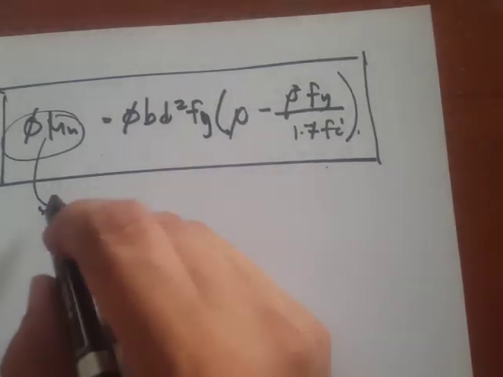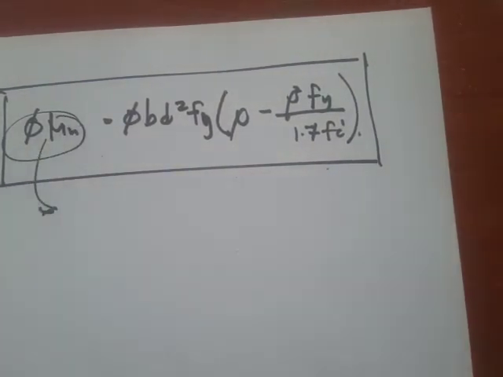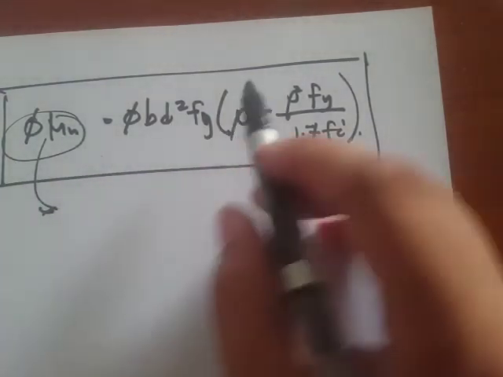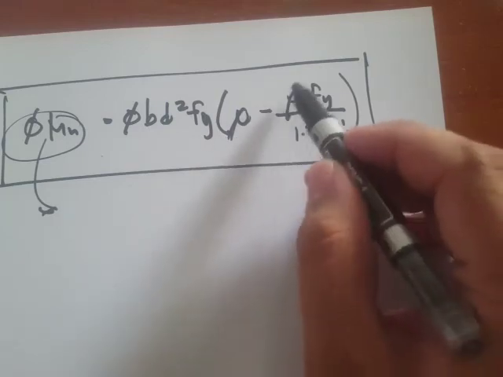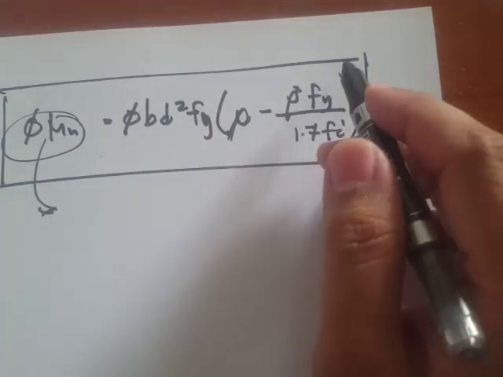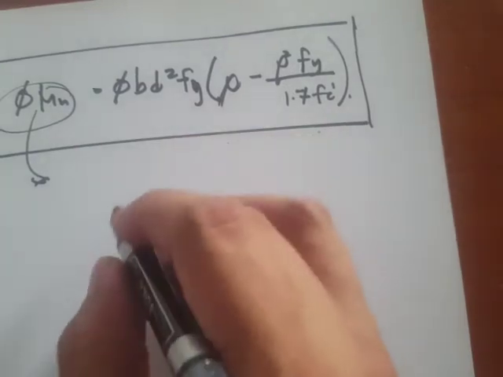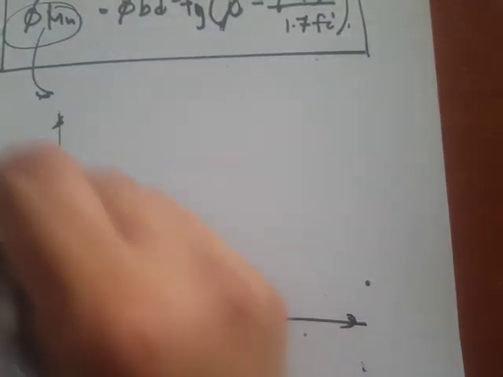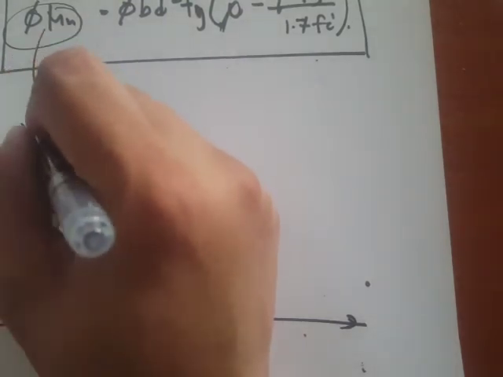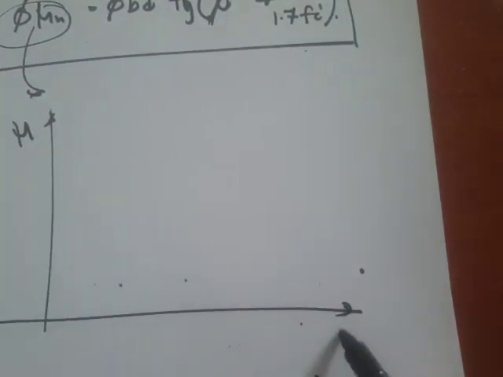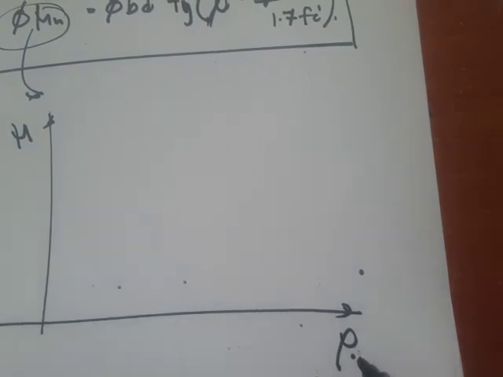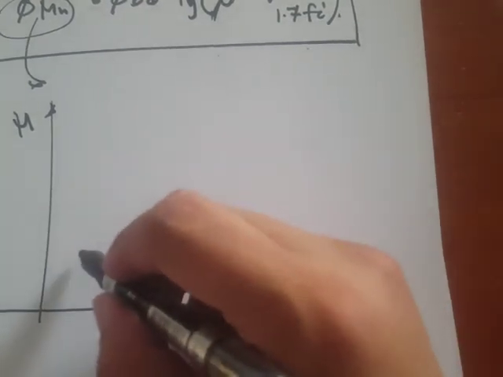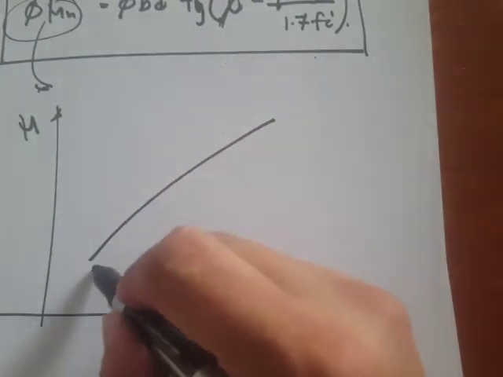Now you notice that this expression gives the factored capacity as a function of the steel ratio. If we divide this expression by bd², we can obtain a graph, something like this: the moment strength against the reinforcement ratio. If we plot this, there is a graph in our lecture handouts, something like this, and then another curve.